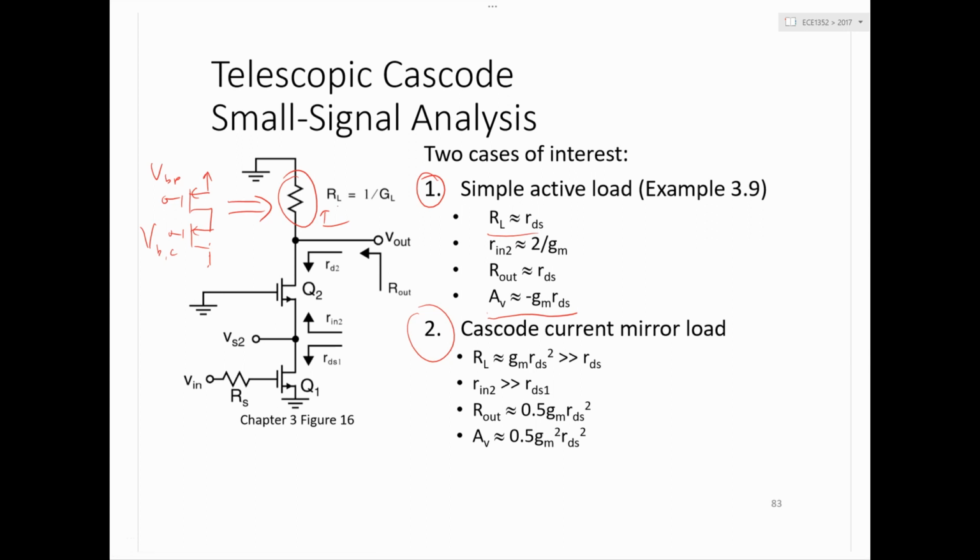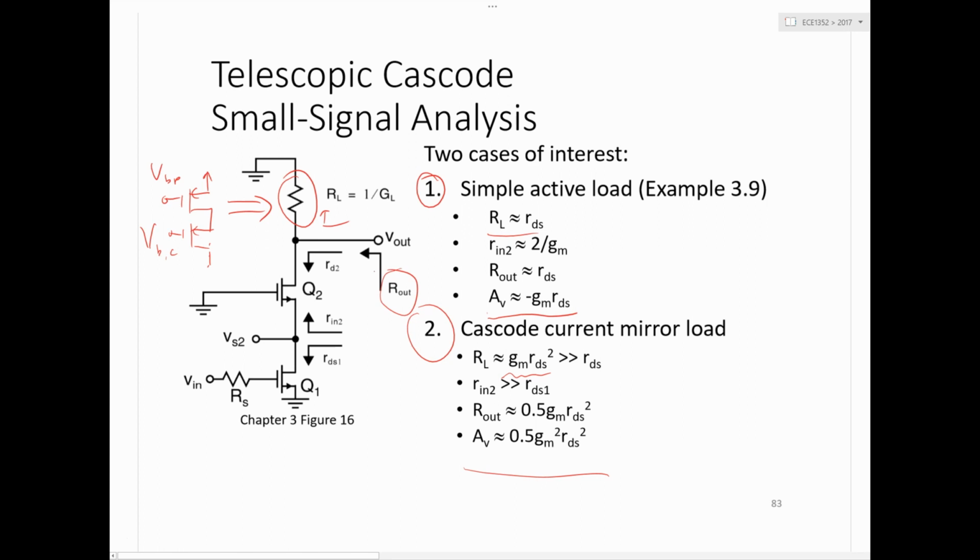So you see something like GMRDS squared. It can be larger than case 1 by a factor of roughly GMRDS, which is like the gain of a transistor. So it is a significantly larger load resistance. This is where you get the much higher gain: GM times a much higher output resistance, Rout.